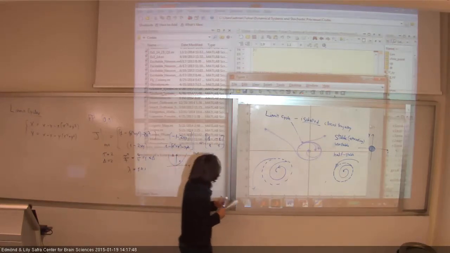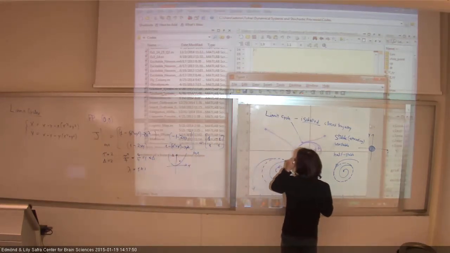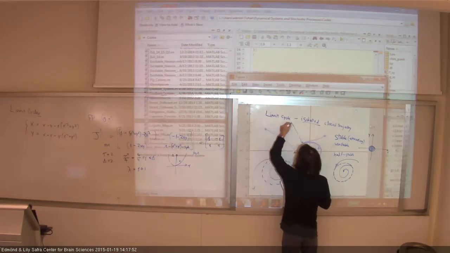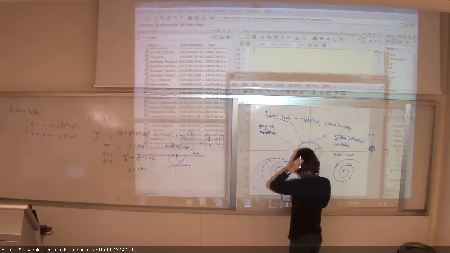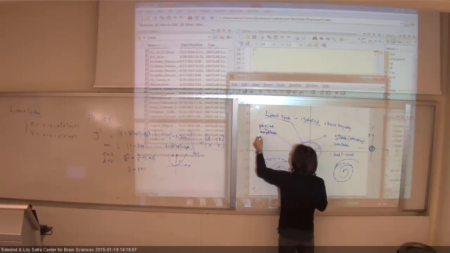Another important thing about limit cycles is that they have a fixed period and a fixed amplitude, of course, and also a fixed waveform.